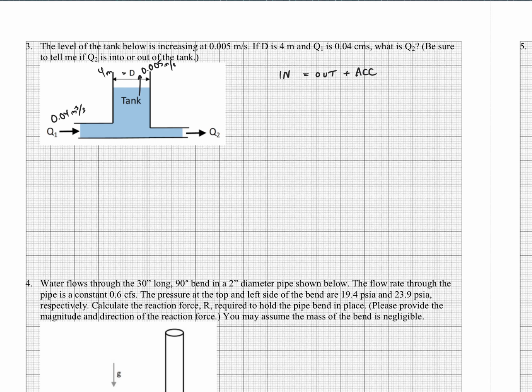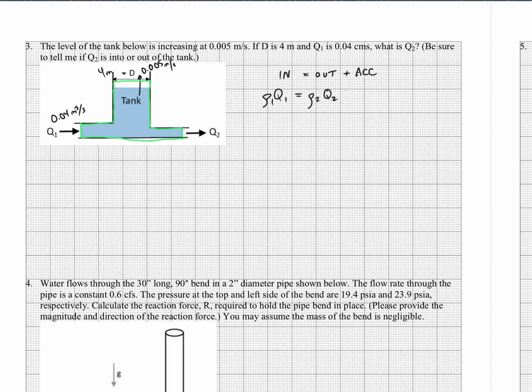Okay, so let's define our control volume. Here it is. I'm going to go above the water surface. There are, of course, other ways to define your control volume. So the in is rho 1 Q1, in equals the out, which is rho 2 Q2 out.